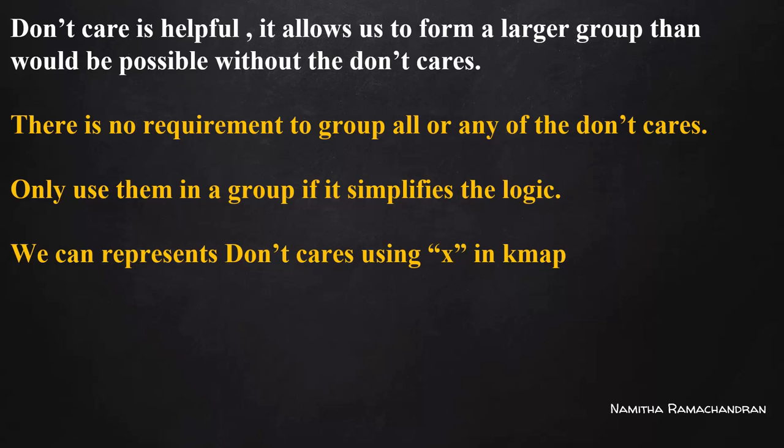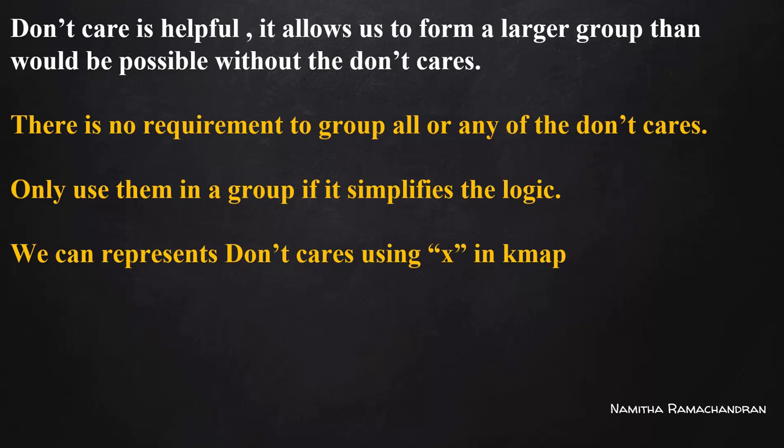Another important point is that there is no need to consider all the don't cares while performing groups. In SOP simplification, that means Kmap simplification for sum of product terms, we need to consider each and every one present in the Kmap. In POS simplification, we need to consider each and every zero present in the Kmap.